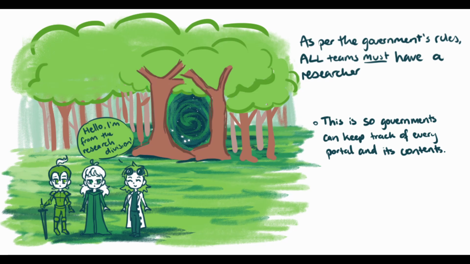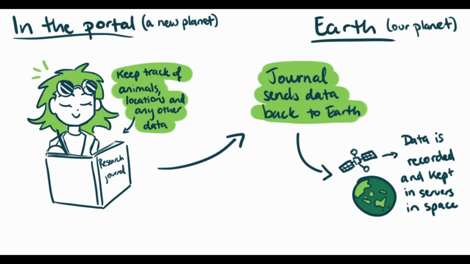And the journal that they write in relays its information back to Earth. So pretty much what Sol is doing when he goes to this new planet, he's recording all this data that he comes across on this planet, and all the information gets sent back to Earth. And that's pretty much what his job is as a portal researcher.